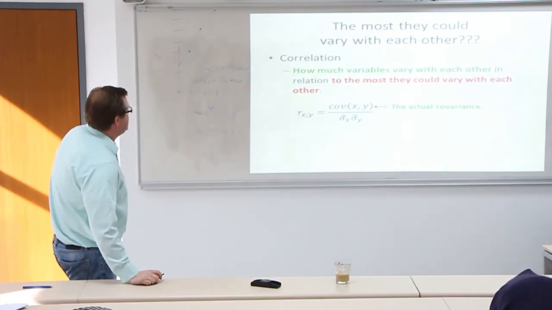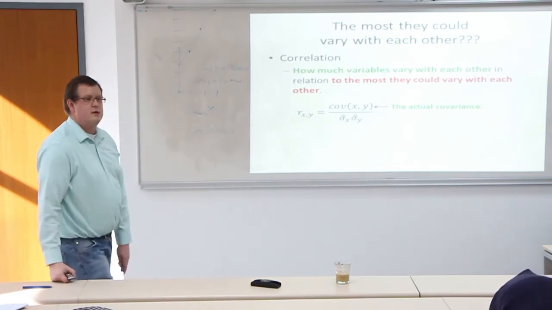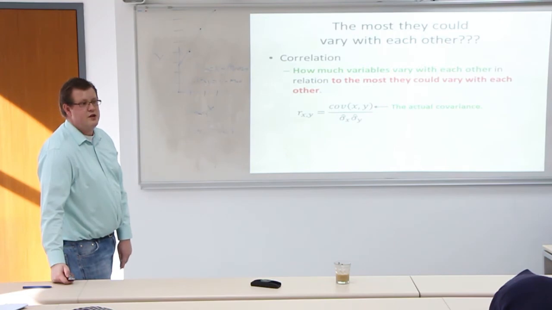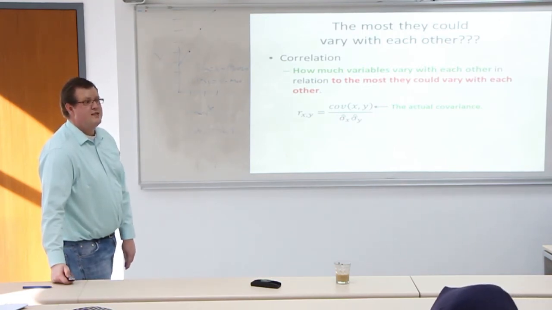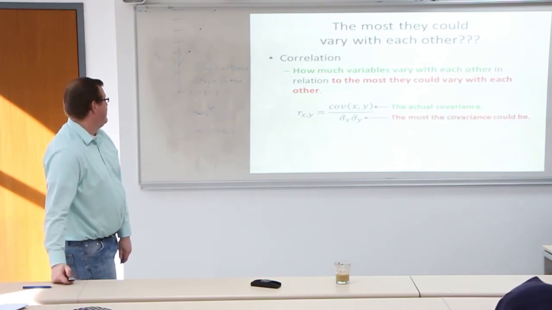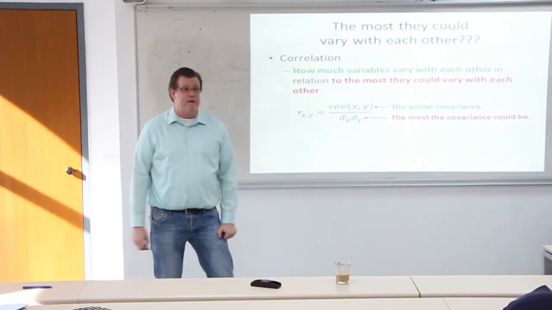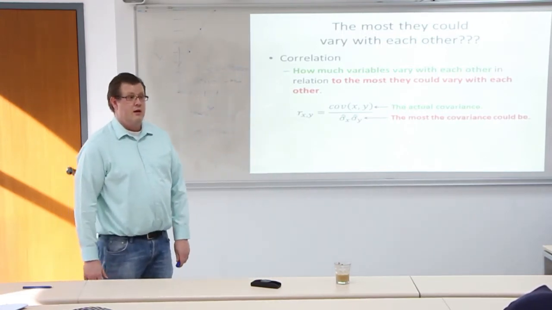Okay, in relation to the most that they can vary with each other, what do you think that is? Standard deviation of what? It's the denominator. That's right. So the denominator represents the most that the covariance could be.